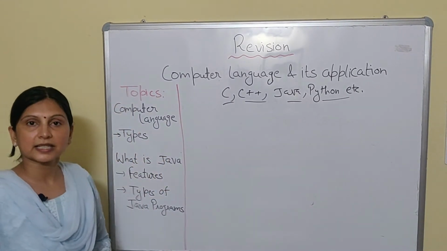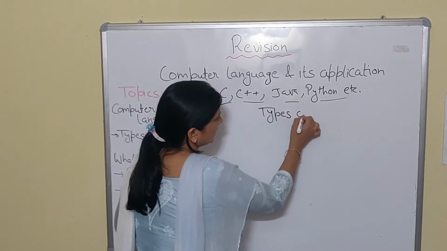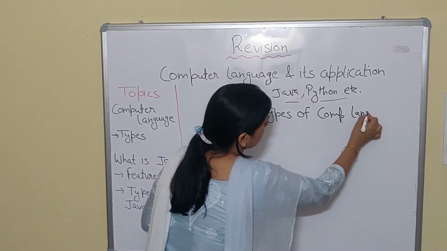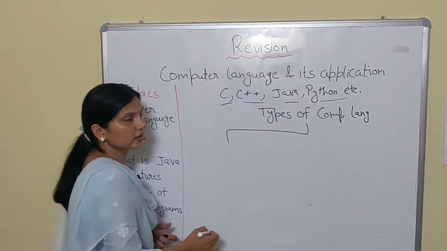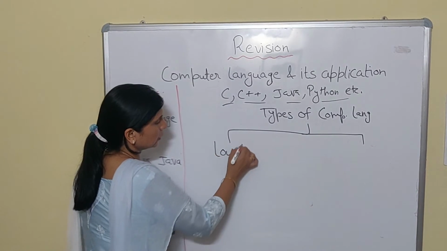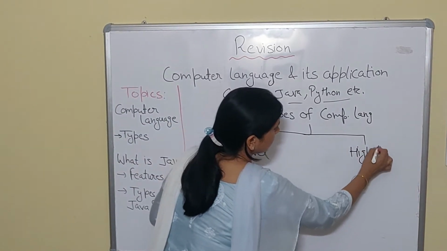Now we will discuss types of computer language. There are two types of computer language: one is low level and another is high level language.